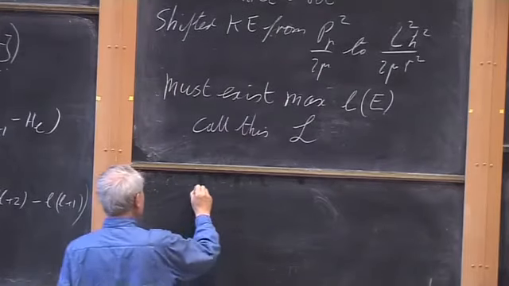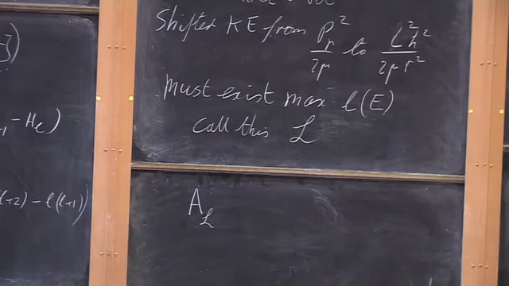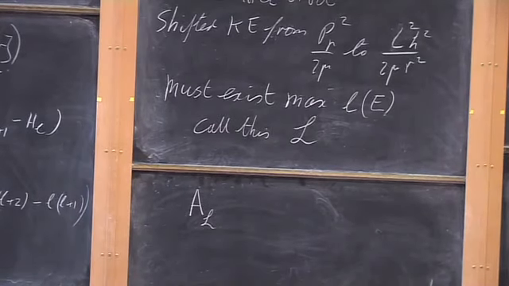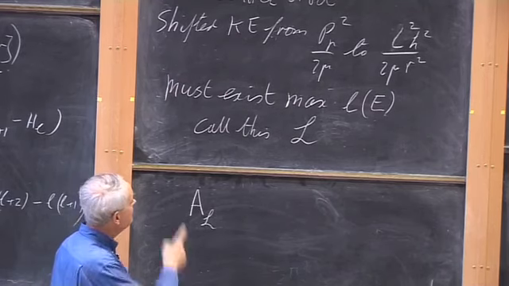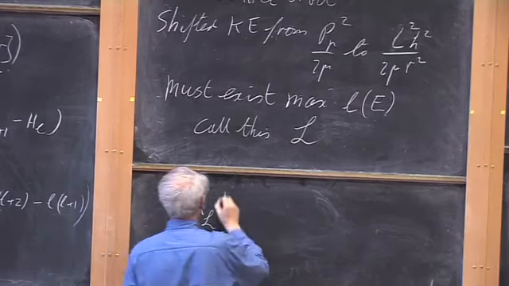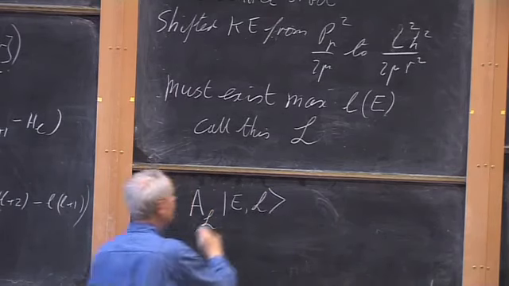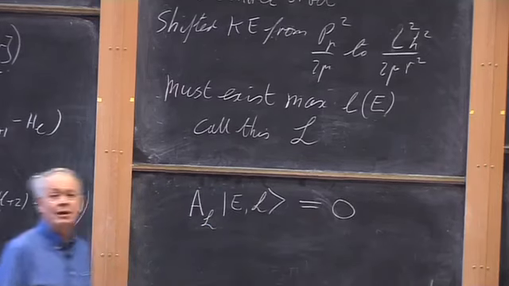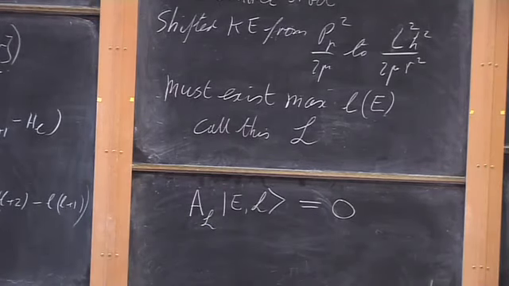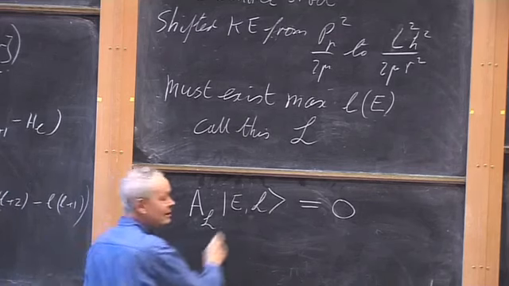So what does that mean? That means if we take the circularization operator, A_L, belonging to this maximum angular momentum, and use it on the state which has the maximum angular momentum for the given energy, what do we get? Nothing. That's the only way we can be prevented from getting a state with even more angular momentum for the same energy: if this operator simply kills this state.